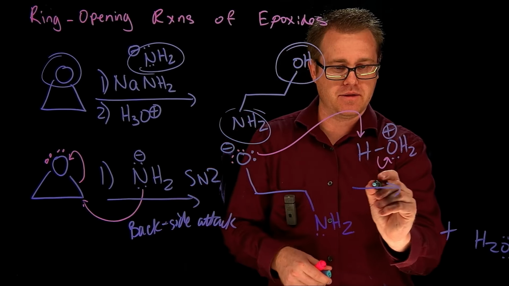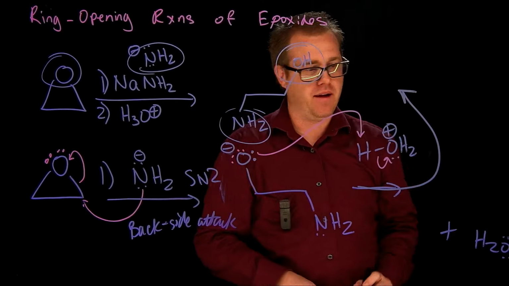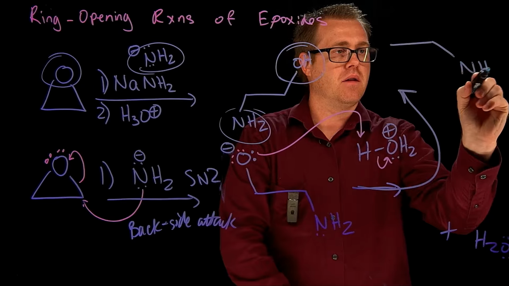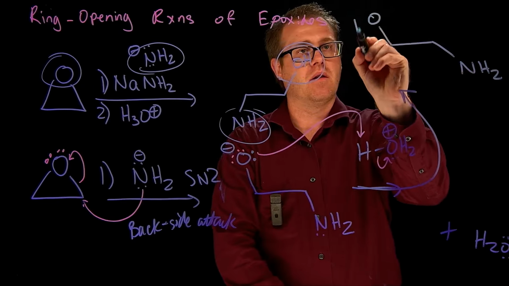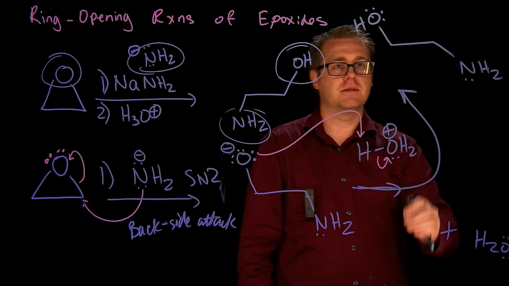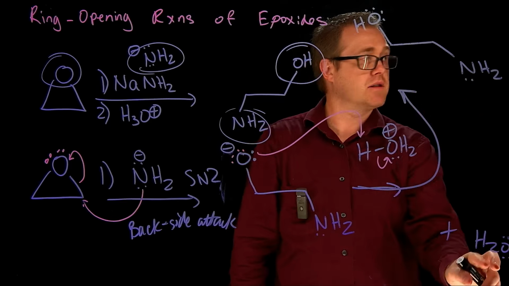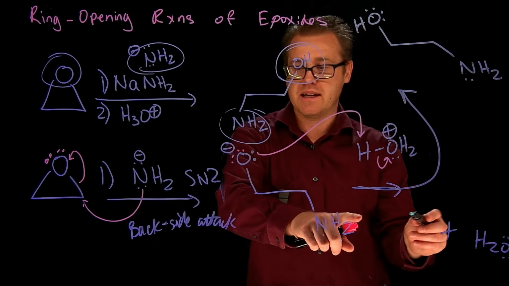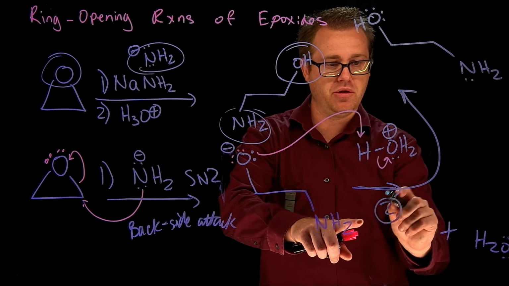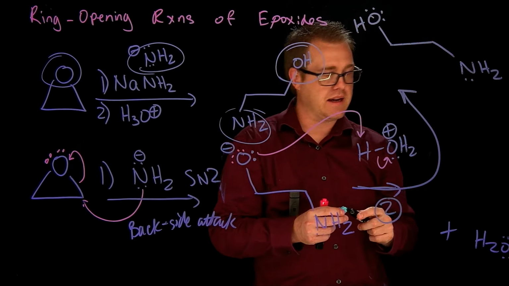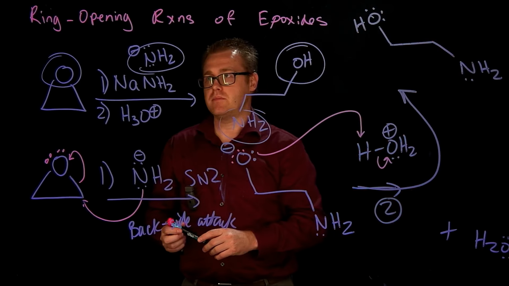So let's do it this way then. Okay, we'll go right there. Like that. Okay, so that's our product plus the water. And that is going to be our second step. So that's step 2 from here all the way to there is our second step.